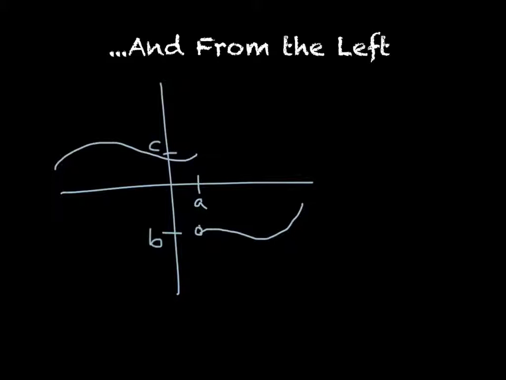And now we can do the same thing from the left. So if I approach a from the left, then what I can say is that the limit as x approaches a from the left of f of x equals c, where c is this point right here. And notice that I've drawn a minus sign in this case, and so the minus sign indicates that I'm approaching from the left.